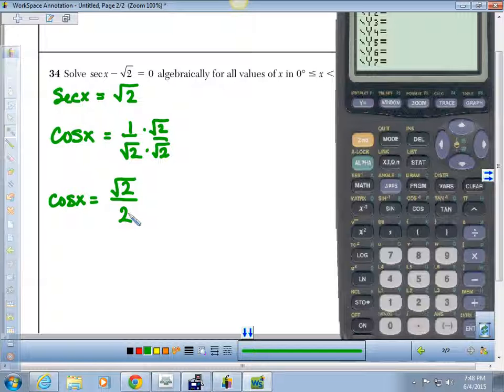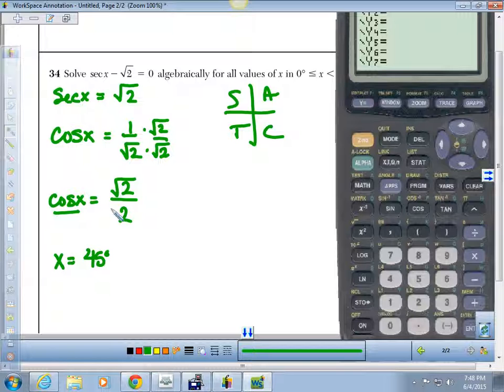Okay, that's kind of an important value for us on our table, isn't it? We had a very important angle that was equal to radical 2 over 2. 45-degree angle. Okay, so x equals 45 degrees is one of our angles, right? But we had 2 when we solved it graphically, right? Where are we getting that second one? Well, we're getting that second one from All Students Take Calculus. Notice here, cosine is equal to a positive value.